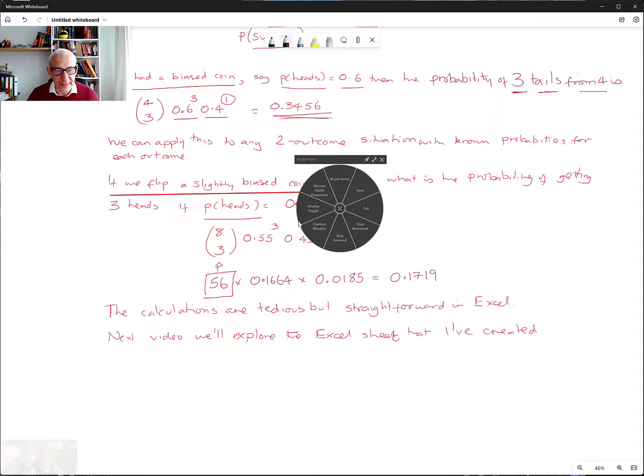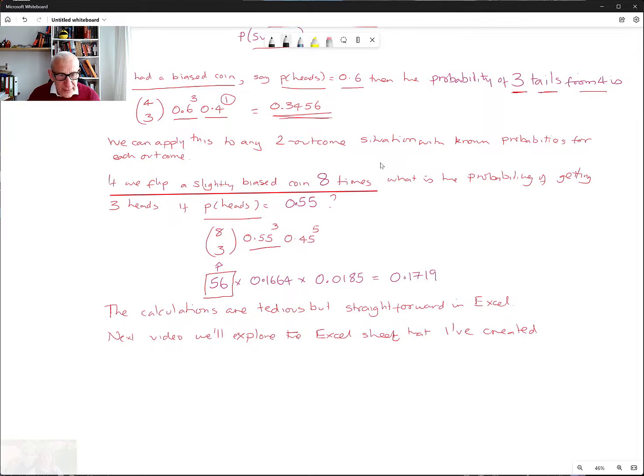We then have the likelihood here of 0.55 to the power 3, which is this number here, and then the 0.45 to the power 5, the remaining 5 flips. Notice that that number plus that number equals this number here.